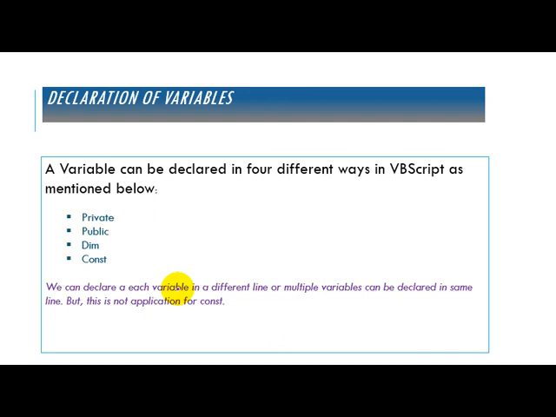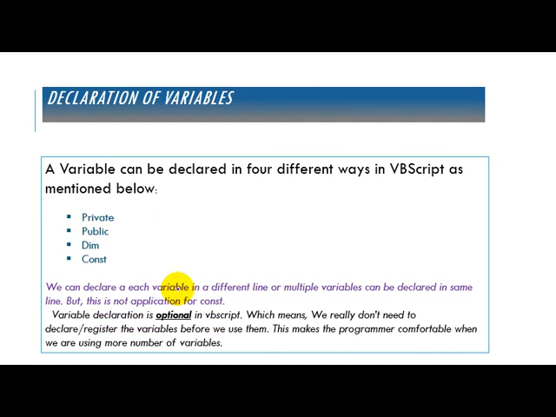We will come to how we can make variables constant. But there is an interesting point coming up: variable declaration is optional in VBScript. So far we said we have to declare the variables before we use them.